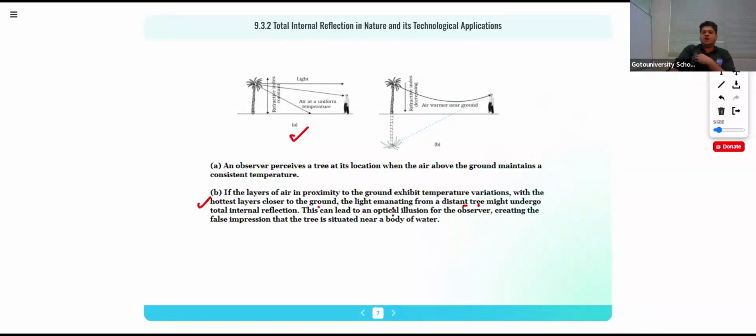This can lead to an optical illusion for the observer, creating the false impression that the tree is situated near a body of water. Okay, this is the concept of mirage only.